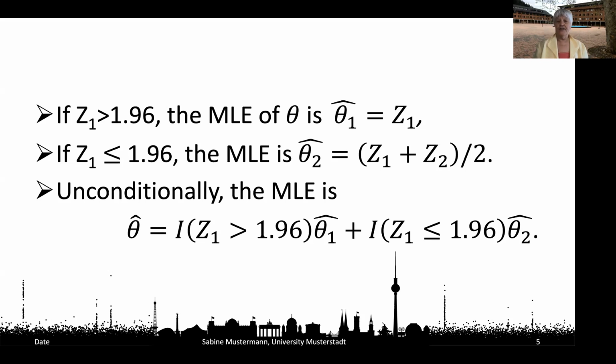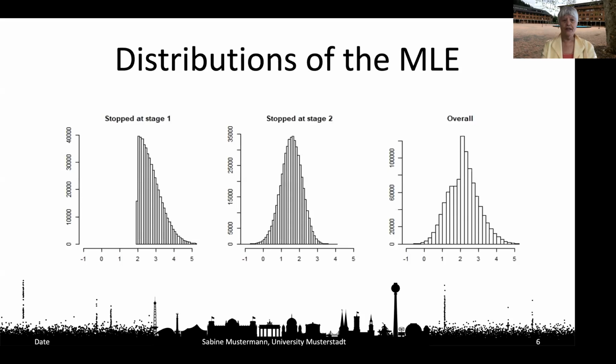That is just the observation Z1. And if Z1 is less than or equal to 1.96, the maximum likelihood is theta hat 2, and that is the average of the two random variables. And unconditionally, the maximum likelihood estimate is a weighted sum of these two estimates according to the probability of the first observation being in the tail of the normal distribution.